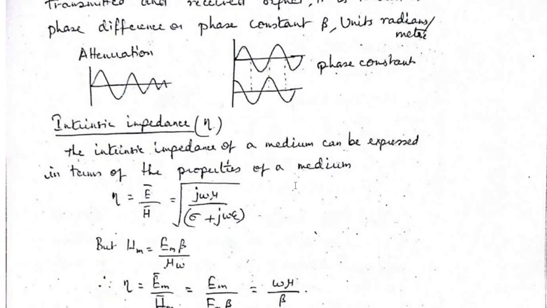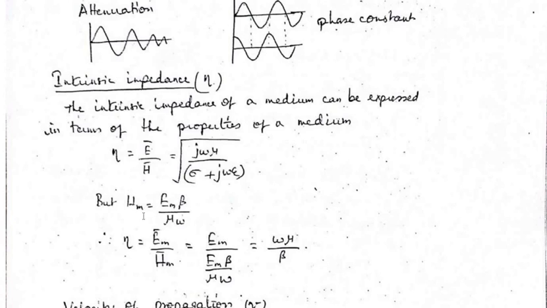Next we have another important term, the intrinsic impedance, denoted by eta. So this is the relationship between eta, E and H. This is also equal to the square root of j omega mu by (sigma plus j omega epsilon). You must have come across this equation somewhere in transmission lines, so directly this equation was taken from there.